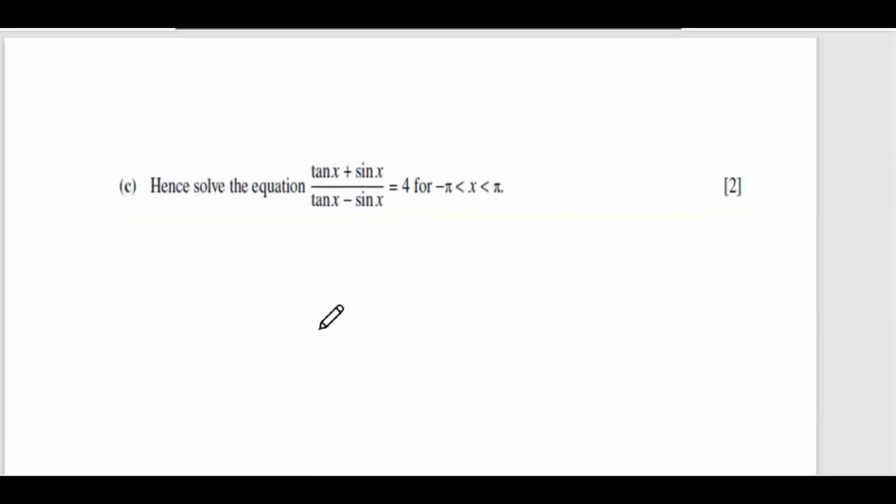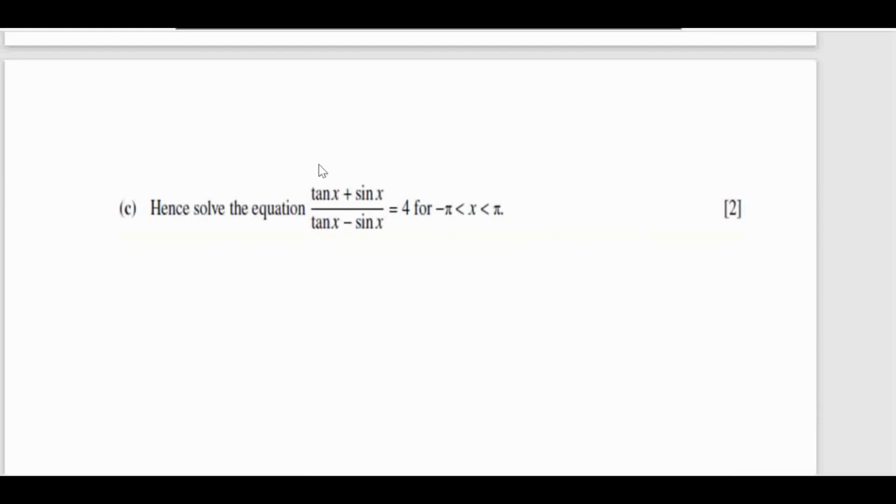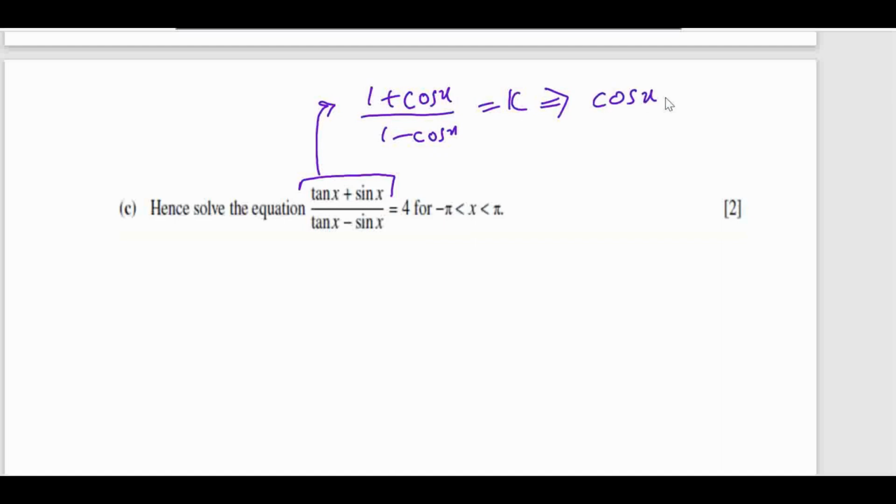Hence solve the equation. Okay, now it's not a difficult question anymore, because we know that this whole expression, 1 plus cos of x divided by 1 minus cos of x, is equal to k, and we have used this thing and written it in the form k minus 1 divided by k plus 1.